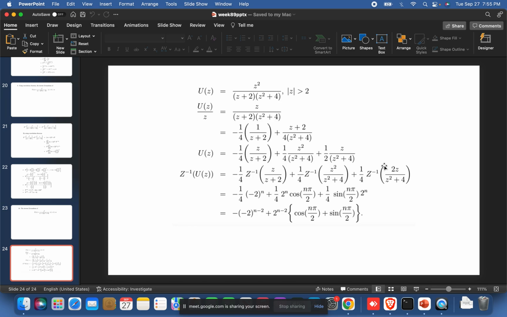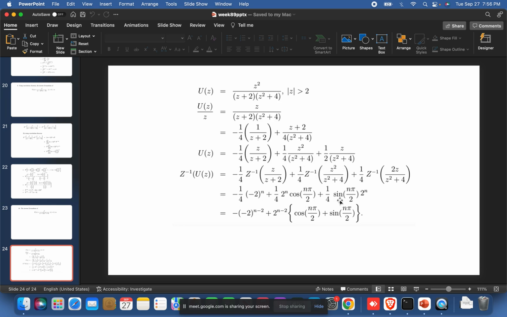So using the standard function of a power n sine n theta, the inverse z transform of this expression can be written as 1 by 4 times sine n pi by 2 times 2 power n. And similarly if you do the same for the series a power n times cos n theta, you will get this type of inverse z transform.